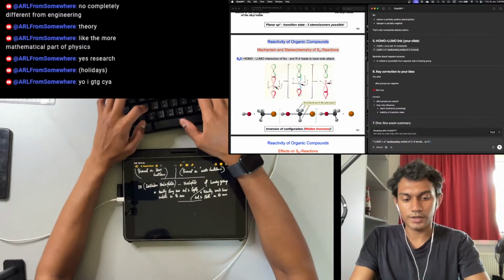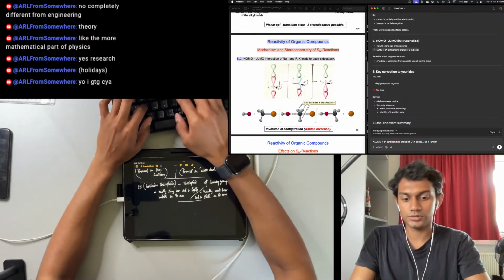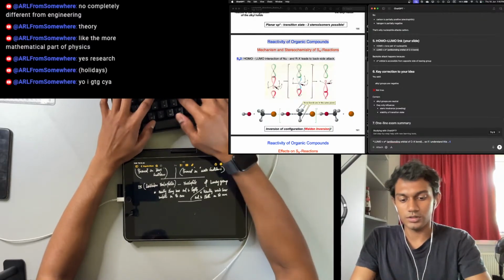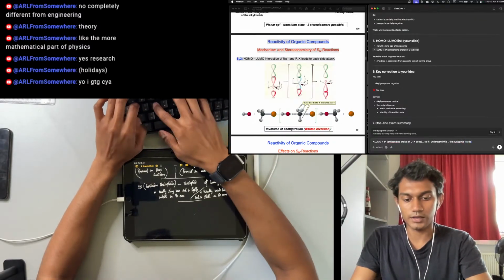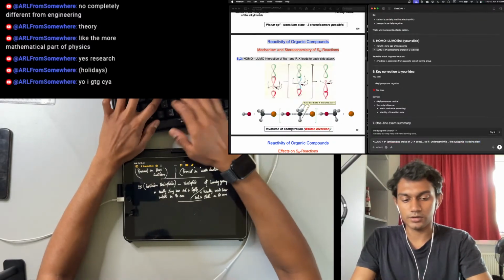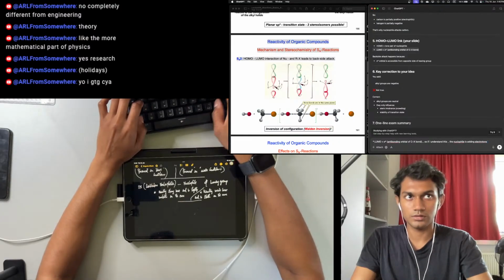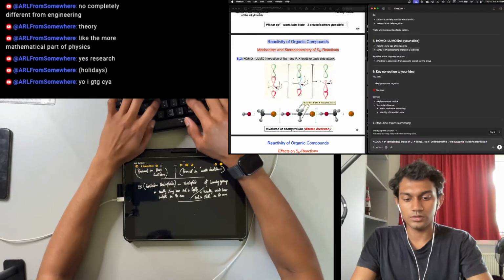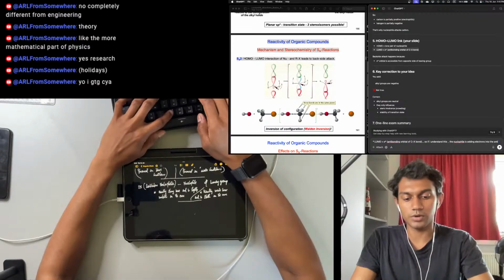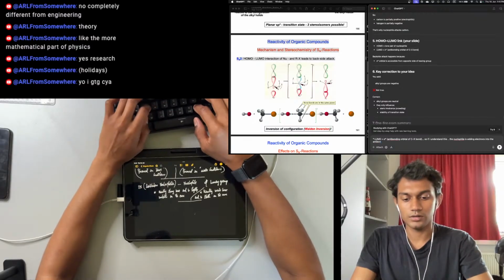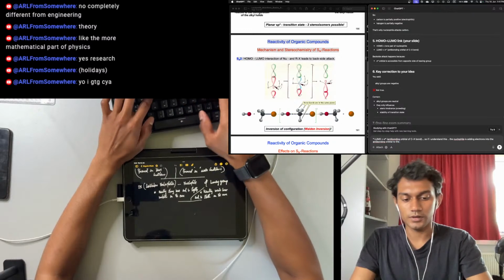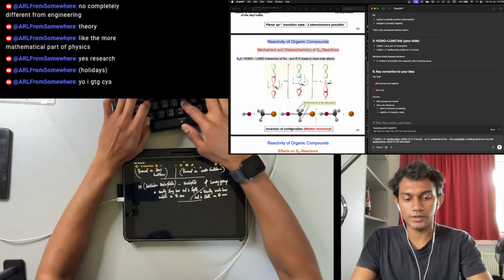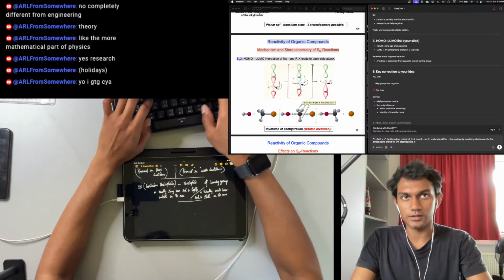So if I understand this, the nucleophile is adding electrons into the anti-bonding orbital to the electrophilic center.